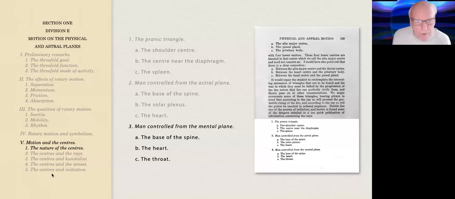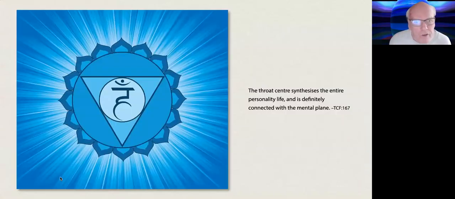Remember the Sutratma, which is anchored in the heart. But now the throat, radiating the fires of manas, replaces the emotionally oriented solar plexus. DK says, simply, the throat center synthesizes the entire personality life and is definitely connected with the mental plane.